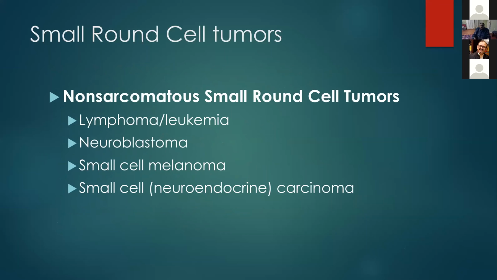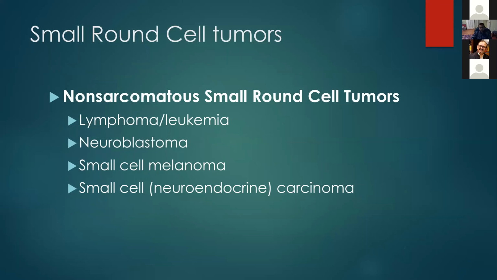You can also have a whole group of non-sarcomatous small round cell tumors such as lymphoma, leukemia, neuroblastoma, melanoma, and then everywhere you add the word small, it becomes a small round cell tumor. The classic example is small cell carcinoma of lung.